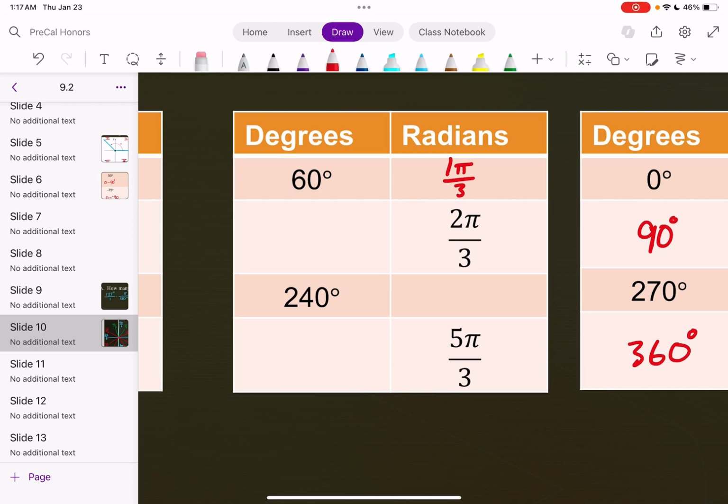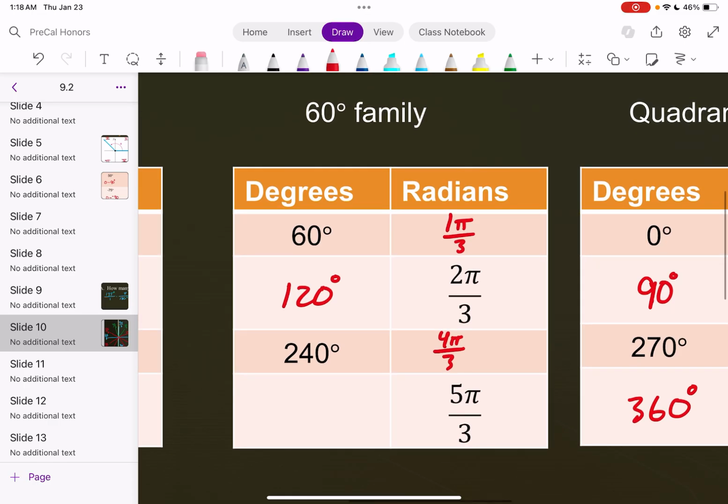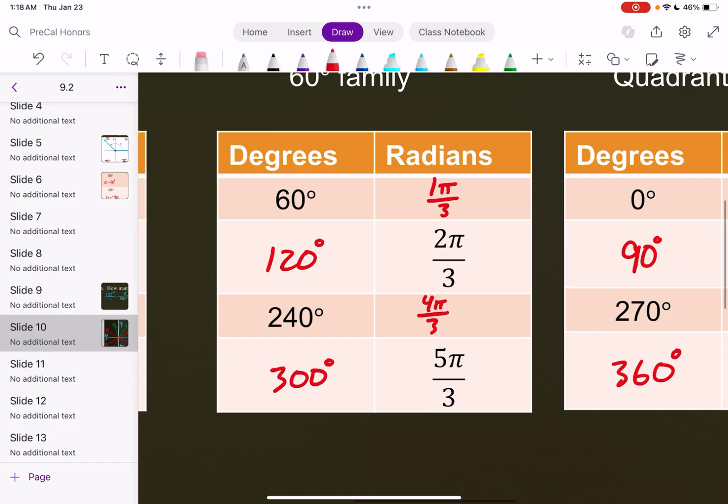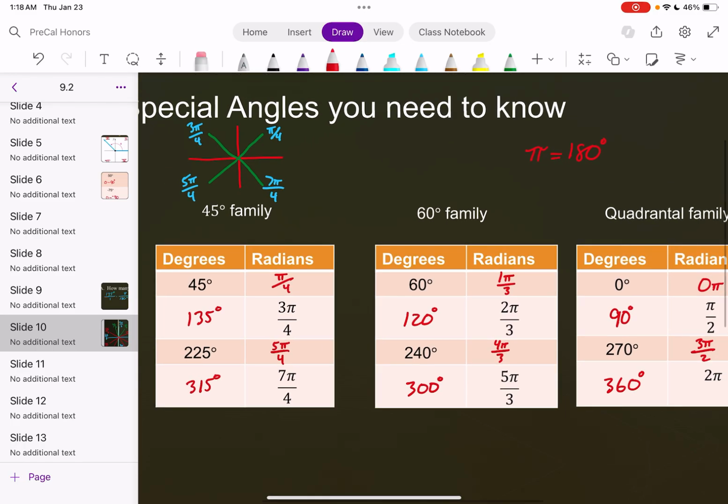As we look at 2 pi, we have our 60. 60 times 2 would be 120, so 2 pi over 3. 240 would be 4 pi over 3. And 5 pi over 3 would be a total of 300. Keep in mind, if we were drawing this out, this would look very, very similar to what we were working on before with our 30 family.